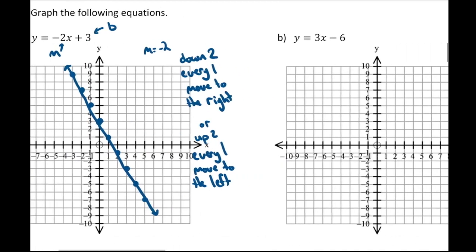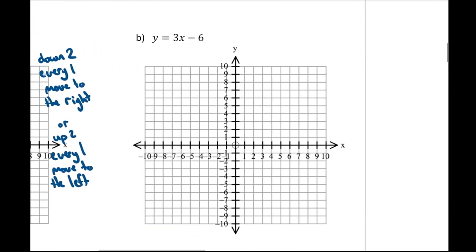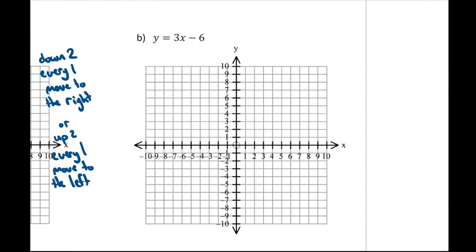Let's try it again with another example. If I look at b, y equals 3x minus 6, I want to focus on my two values, my m value and my b value. Again, I want to use the b value to start off, and remember, we use the sign in front. So that's not just a positive 6, that's actually a minus or negative 6.